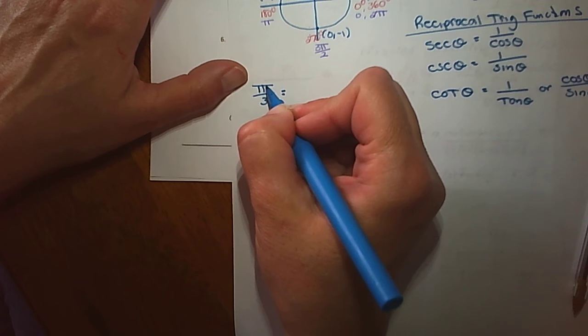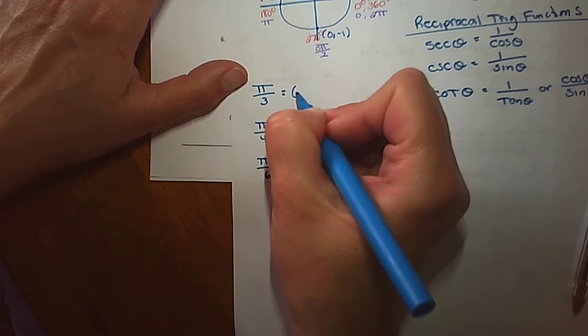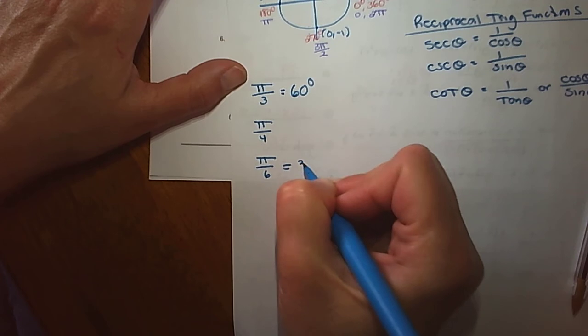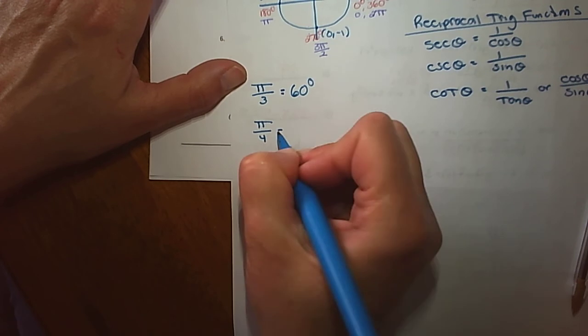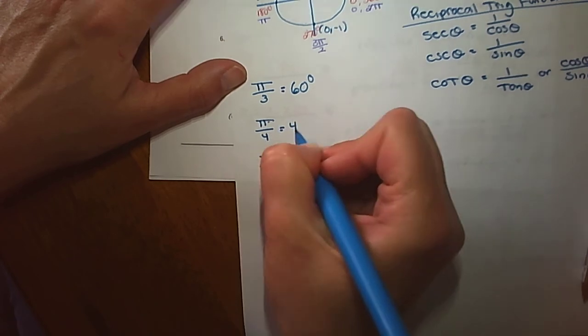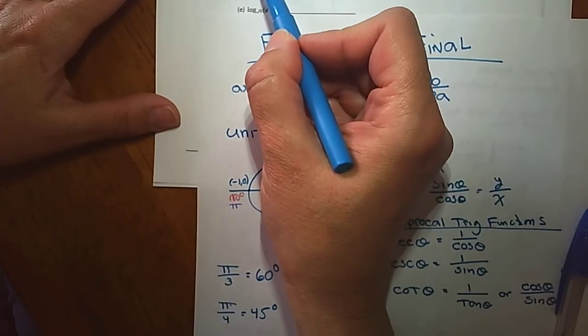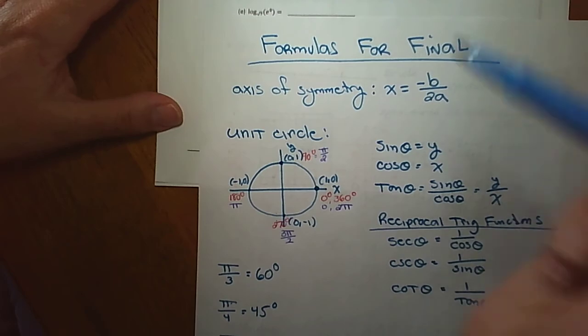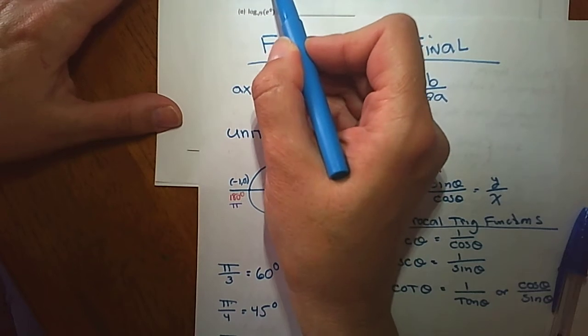This is 180 divided by 3, which is 60. So that's what I mean by opposite. This would be 180 divided by 6, which is 30. And 180 divided by 4, so that's 45 degrees. So what this question is asking is, what is secant of 30 degrees? Or I take that back, secant is 60 degrees.